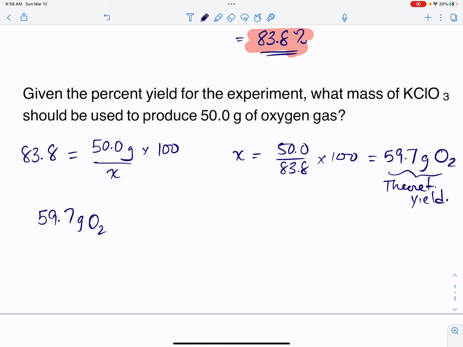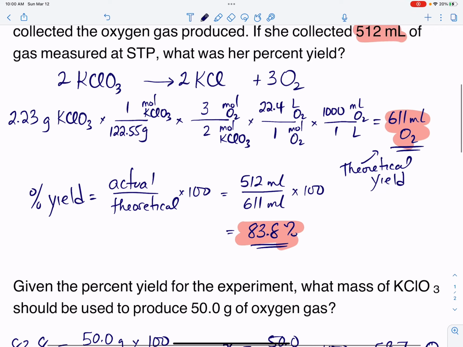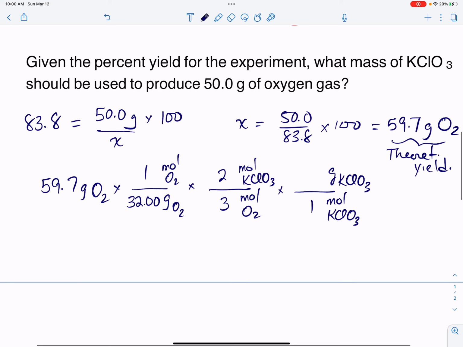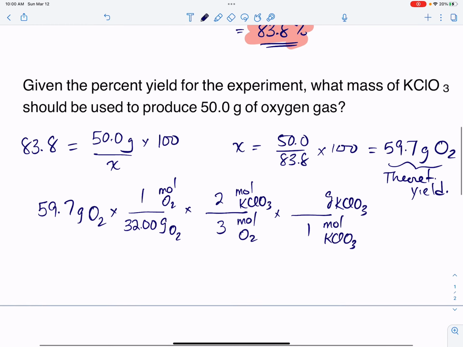So the molar mass of oxygen, 32.00, there's O2, and then again from my balanced equation up above, 3 moles of oxygen for every 2 moles of potassium chlorate, and then the molar mass of potassium chlorate from up above, 122.55.